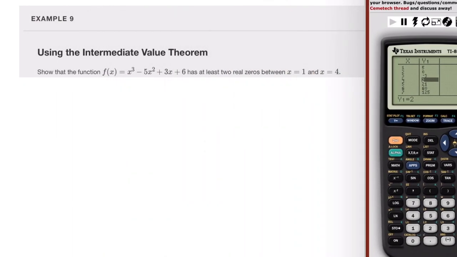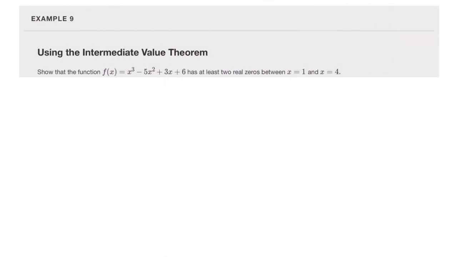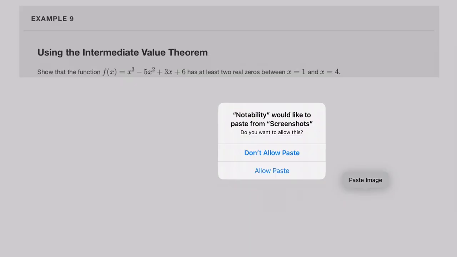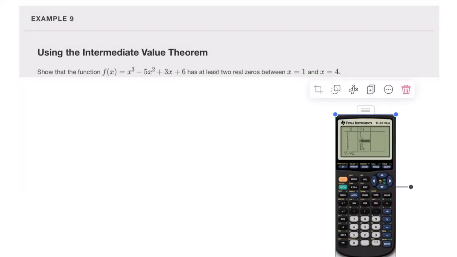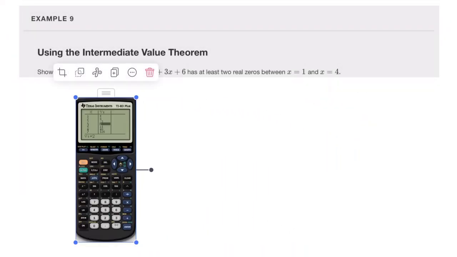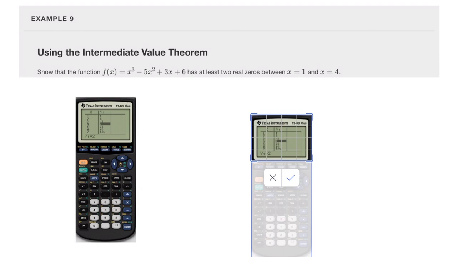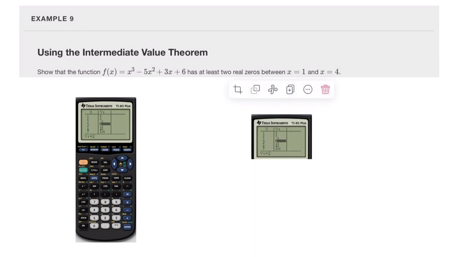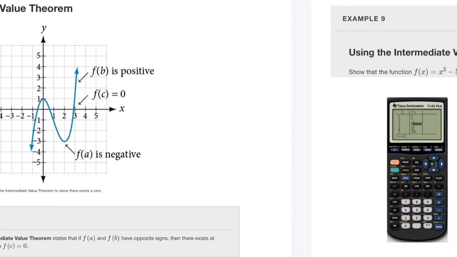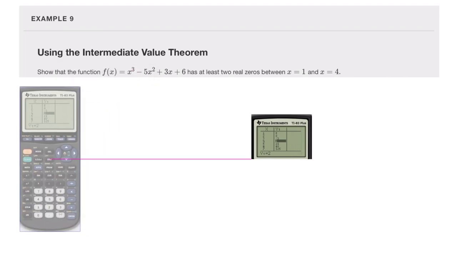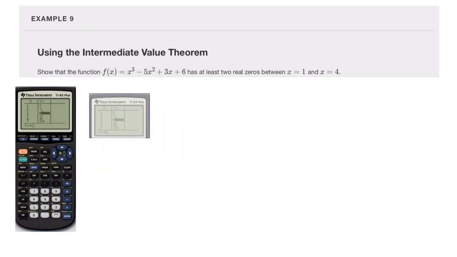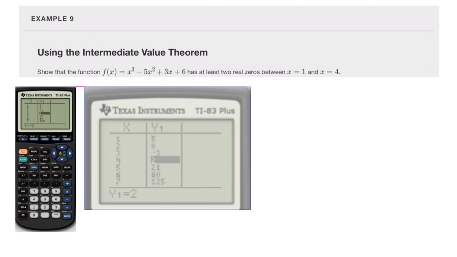I'm just going to include it in notes. And I'm going to zoom in, paste, crop. So this is basically a reiteration of the same image. One of them just showing the whole calculator, another one I'm zooming in a little bit so you can see it better.